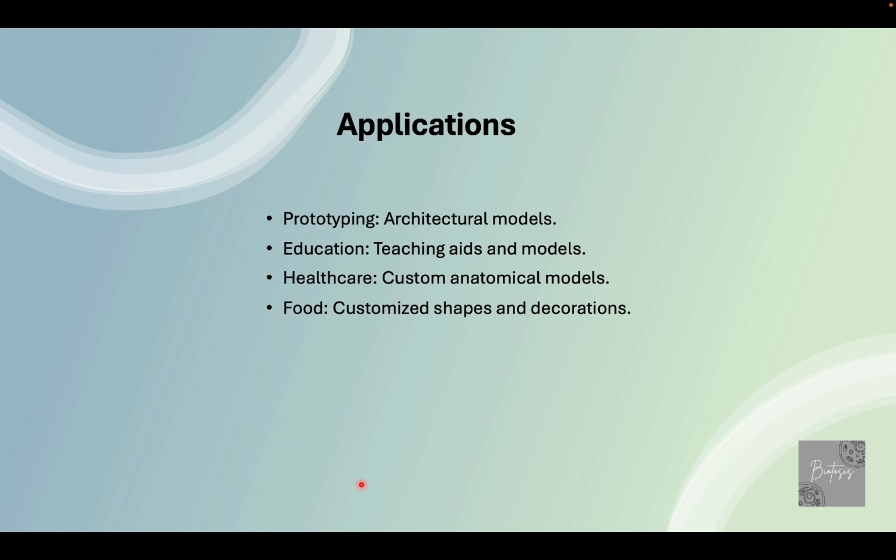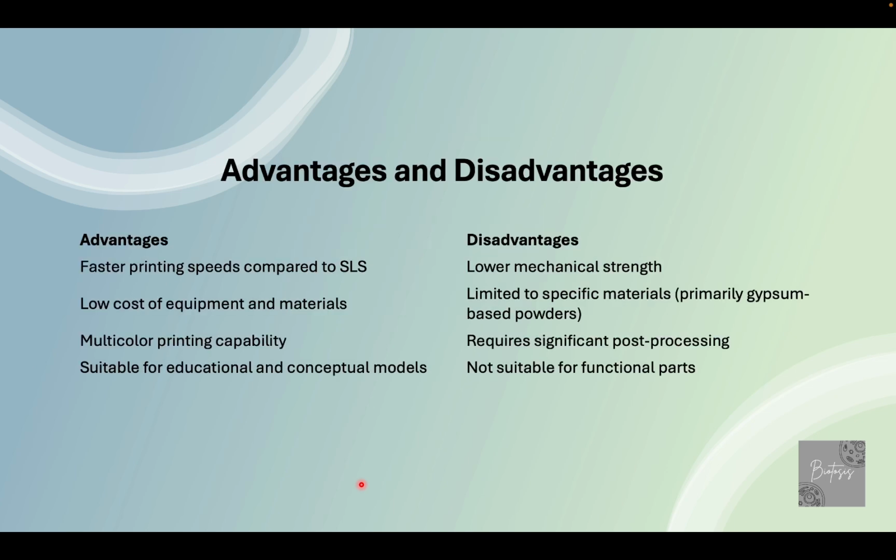And then healthcare, consumption, analytical models, food, customized shapes and decorations; all these cakes that are being baked, they're using 3D printers for that. Now the advantages, then disadvantages we'll discuss here.